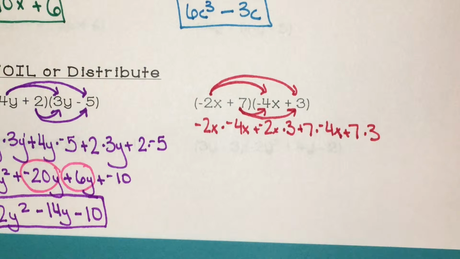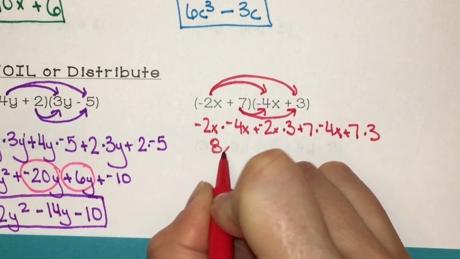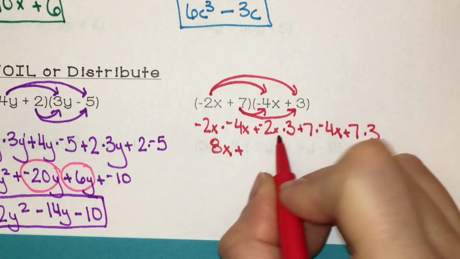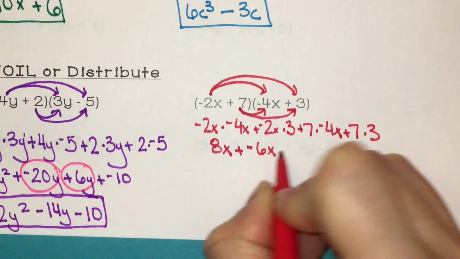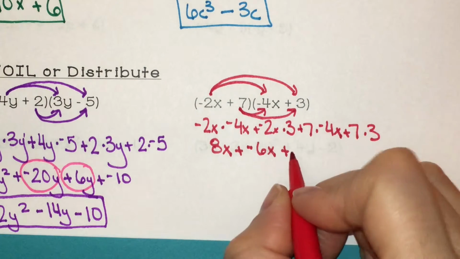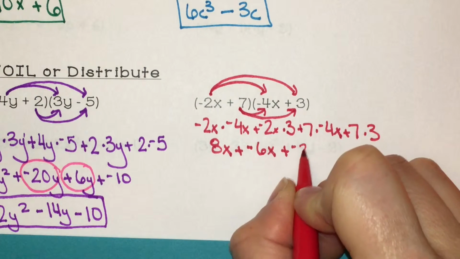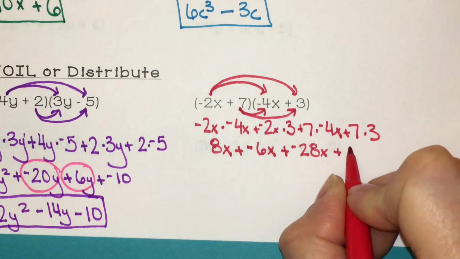Then just simplify. We have to do our multiplication. So negative 2x times negative 4x is positive 8x, plus negative 2x times 3 gives us negative 6x, plus 7 times negative 4x leaves us with negative 28x, plus 7 times 3 is 21.